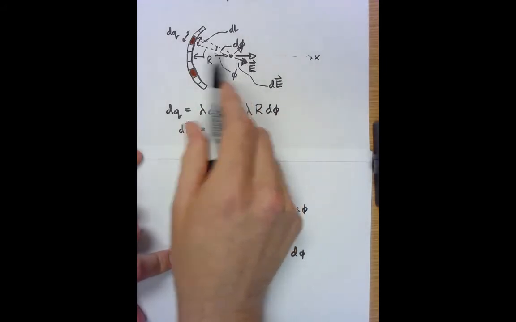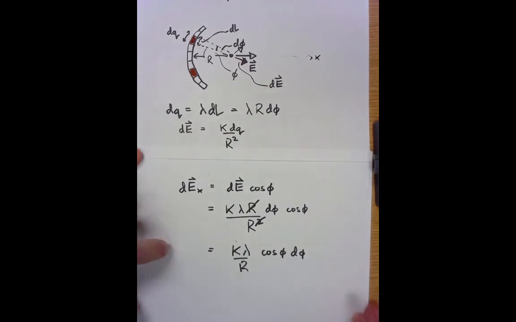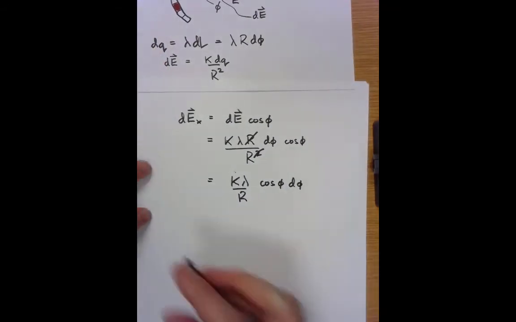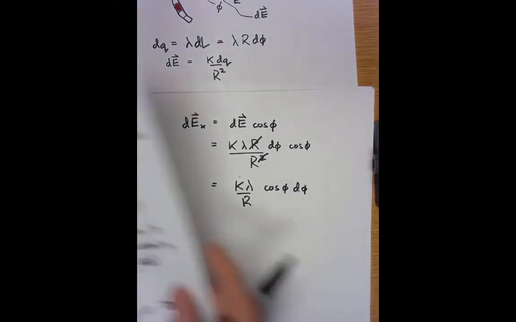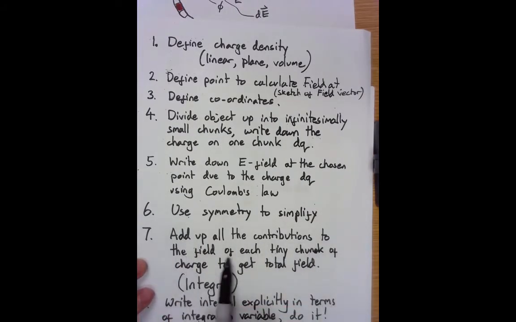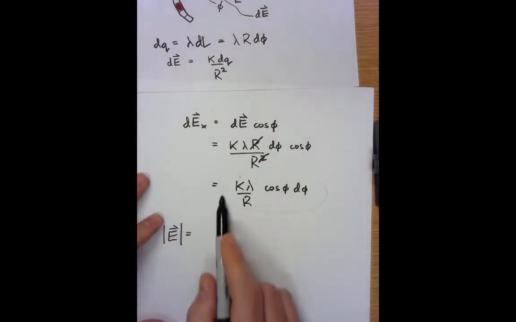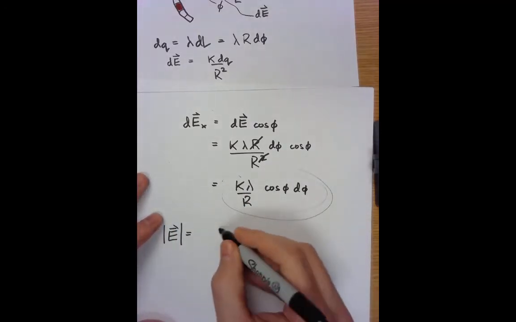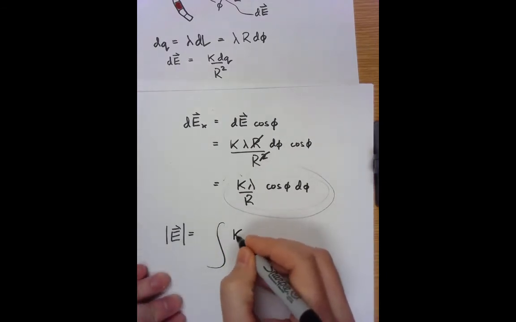The y components are all going to cancel because we know that the overall electric field points in the x direction. So the magnitude of the total field is just what we get by adding up all of the contributions to the field of each tiny chunk, right? Each contribution is given by this. We need to add them all up. Because they are infinitesimally small charges, adding up means doing the integral.